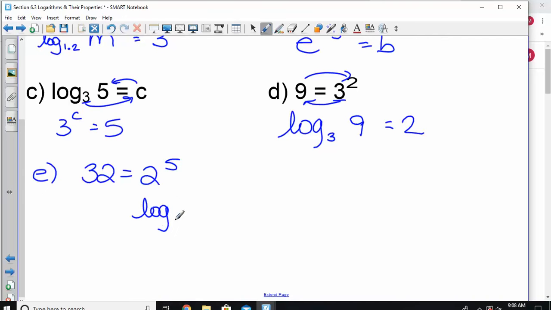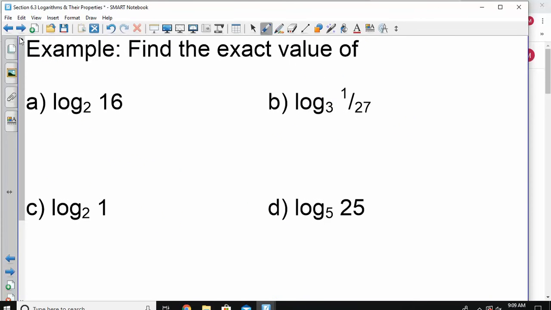What's the base of my log going to be? 2. Of 32 equals 5. So you always go across the equal sign. So the answer to a log is an exponent. When I see this, it's like saying 2 to what power equals 32? It's the 5th power.